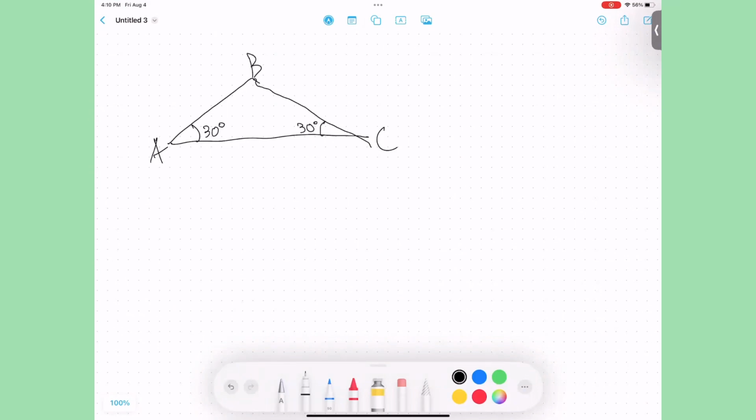And say this is like 4 root 3. What they want us to do is find the perimeter of triangle ABC. Maybe 2 minutes on this one.